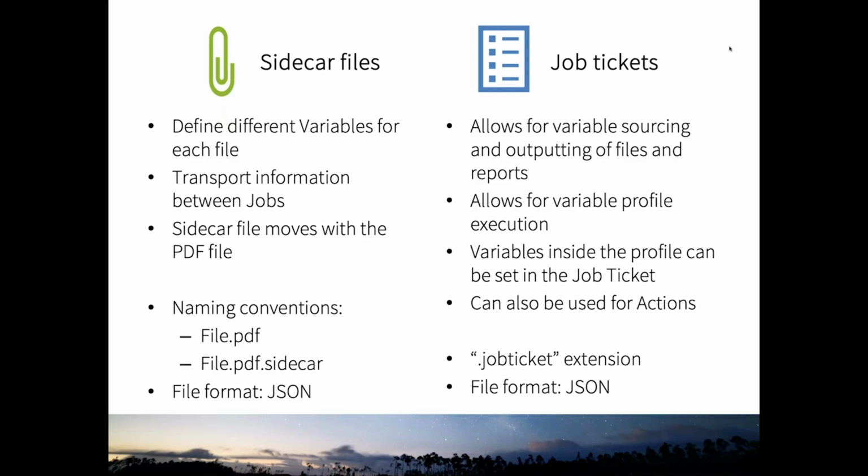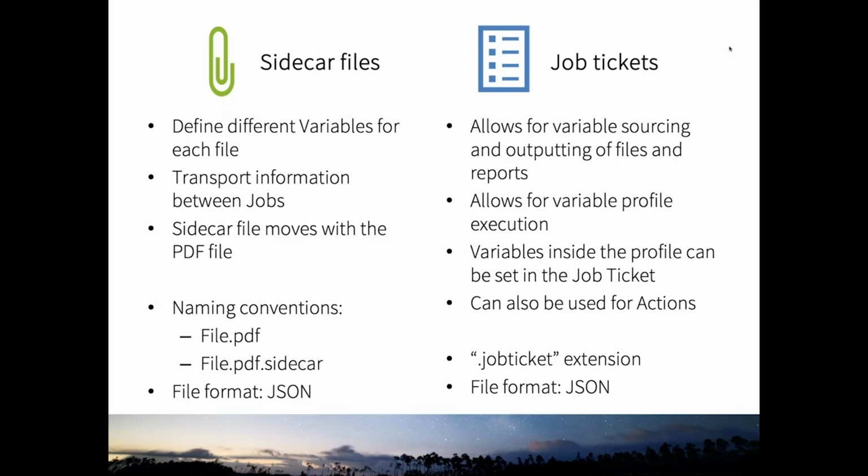The first is Sidecar files. And a Sidecar file, you can see that at the bottom, is a JSON file. JSON is a type of JavaScript file. It's actually JavaScript encoding of a JavaScript object, or a text encoding of a JavaScript object. And that Sidecar file has to be put in the hot folder together with the PDF file.